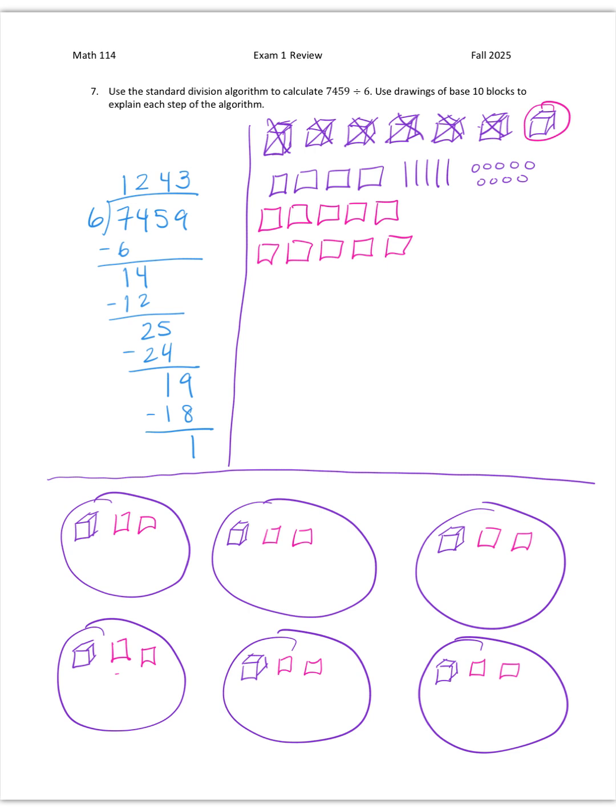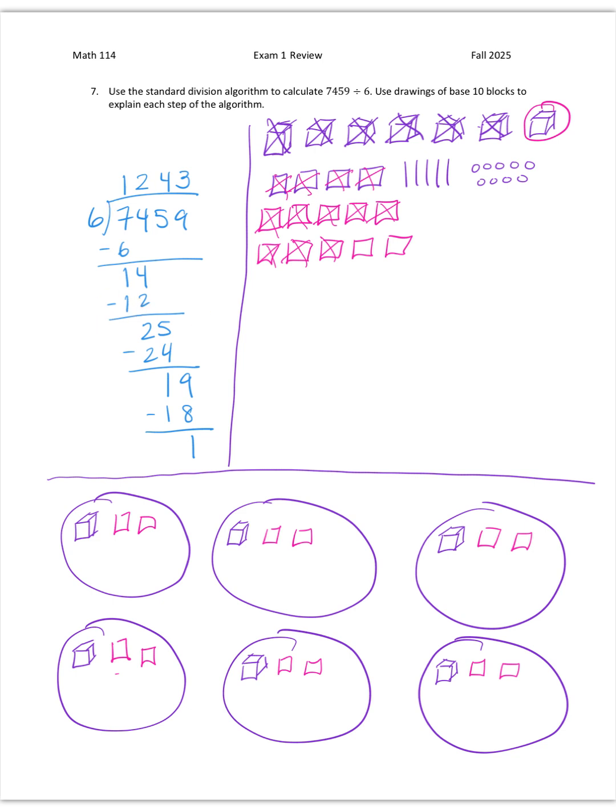So I have now used how many flats? 12. Okay, so I used 12 flats, and that's why when we do 2 times 6 to get 12, that's how many we've used. So I'm going to cross out 12 of my flats. Okay, so I used 12 of them. 2 times 6 is 12.